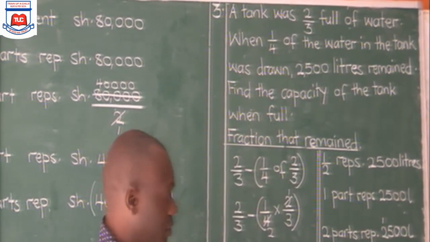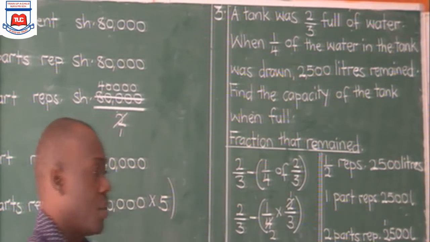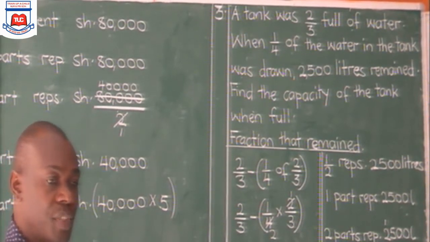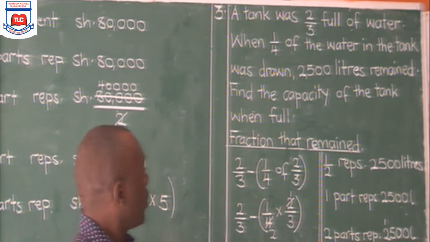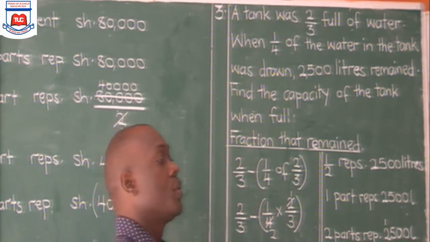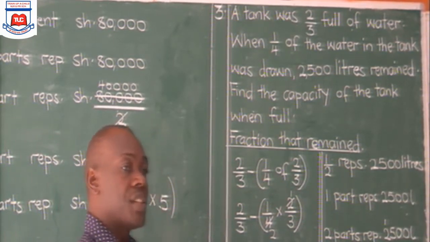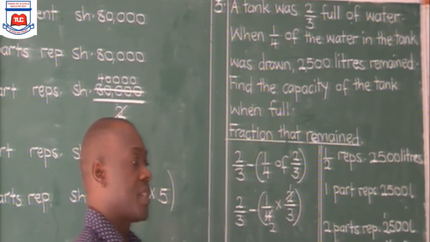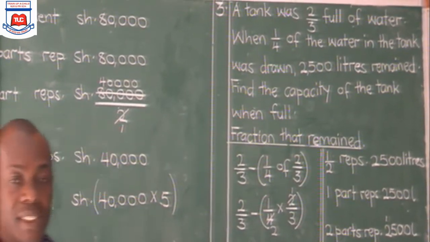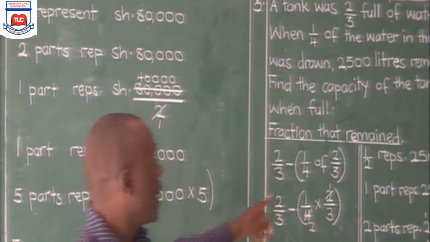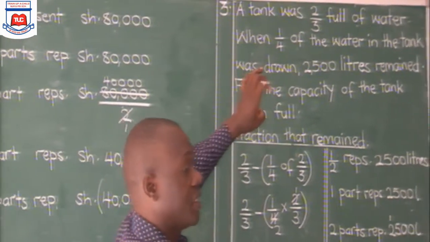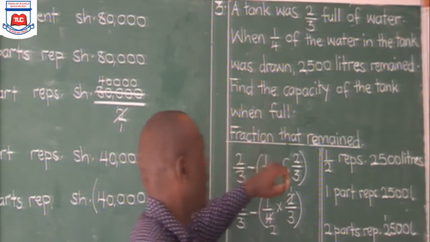To draw is to take away or fetch out, and then somebody uses it. So he drew some water. He took away. Which operation respects the word taking away or drawing? That is the subtraction operation. So you must use a minus sign of subtraction operation in order to work out this number.